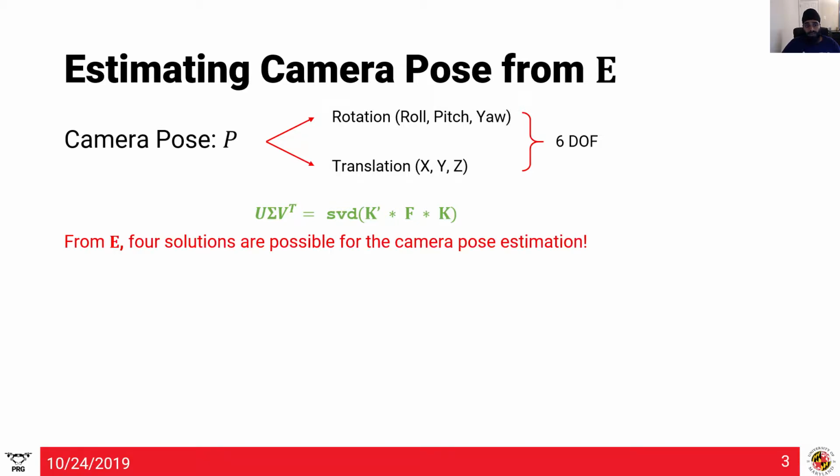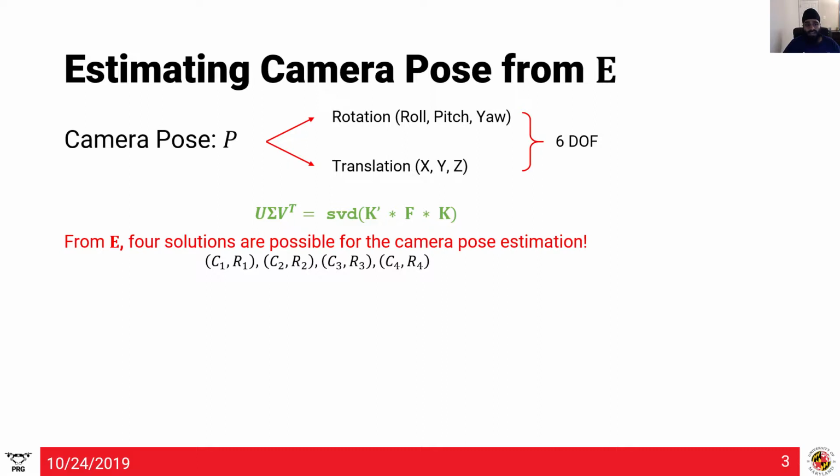For this solution, you will have 4 possible camera pose estimations, which you can call C1 R1, C2 R2, C3 R3, and C4 R4, but only one would be correct. Out of these 4 sets, only one set is a correct pair of translation and rotation.